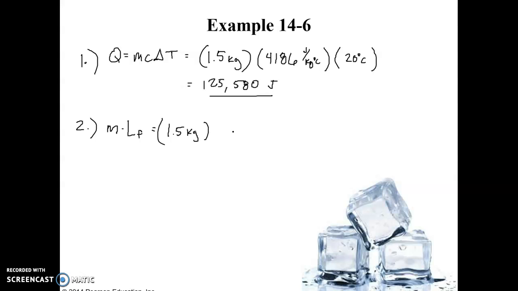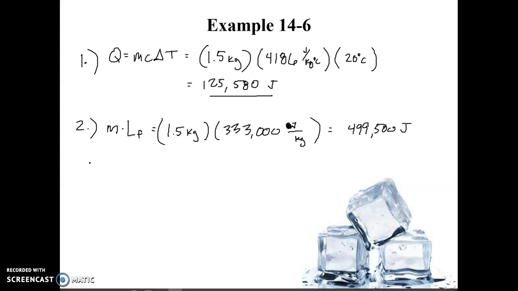And as we saw in the previous chart, it's 333,000 joules per kilogram. Just the mass times the latent heat of fusion, which gives us 499,500 joules.